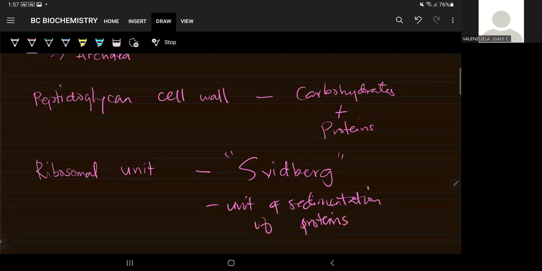The units of our proteins are measured based on sedimentation, and the unit is named after its discoverer.